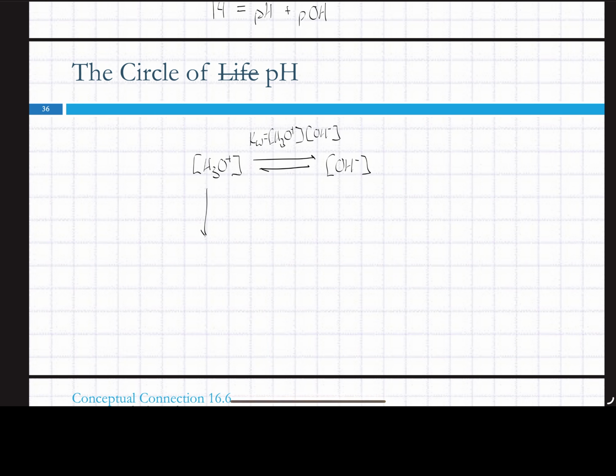I could also convert H3O+ into pH by taking the negative log of H3O+, or 10 to the negative pH to go back. And I can do the same with OH- to get pOH, or we can go back, it's 10 to the negative pOH.